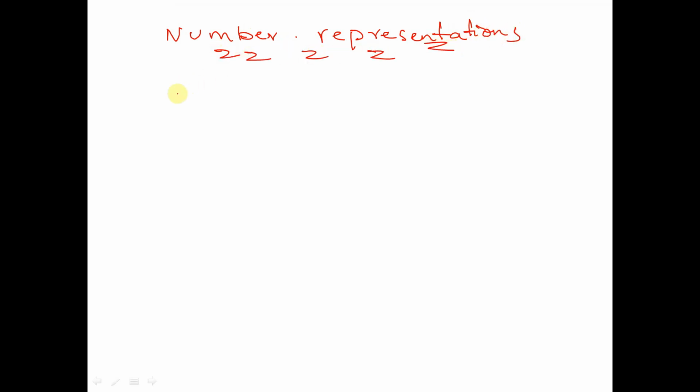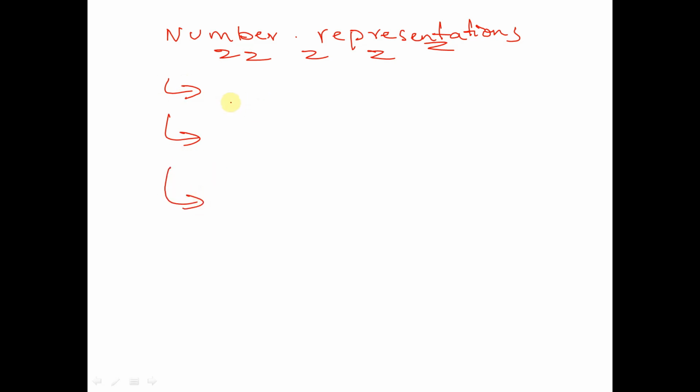Yeah. So now we will start with a topic called number representations. In binary, there are three ways to represent a number.